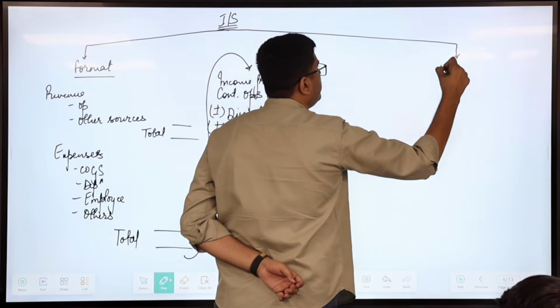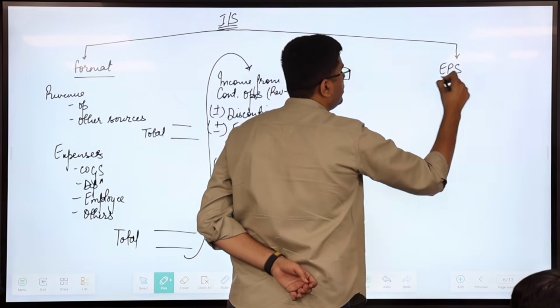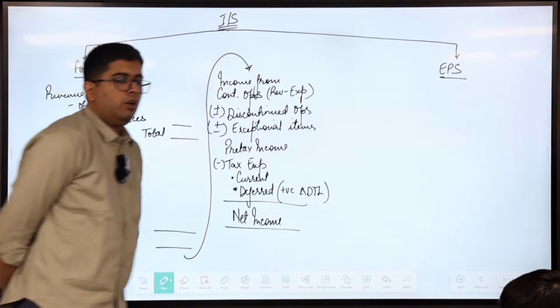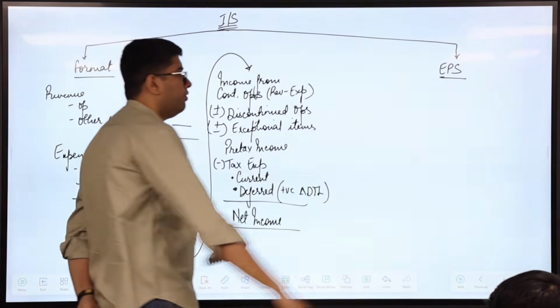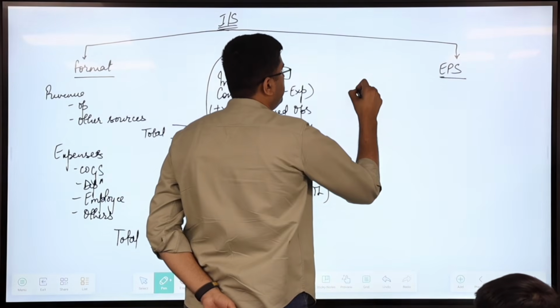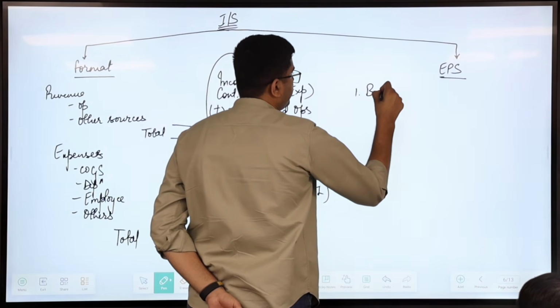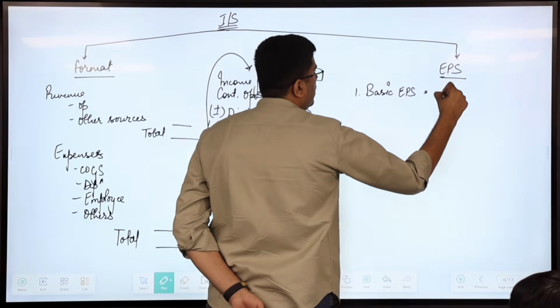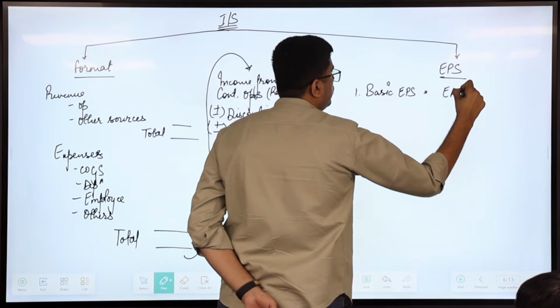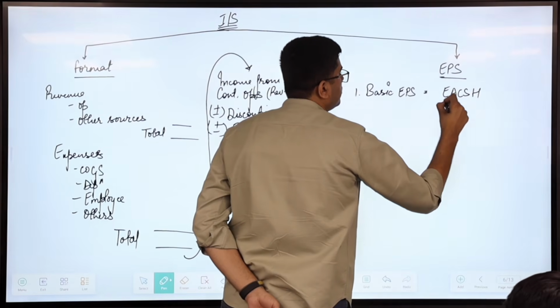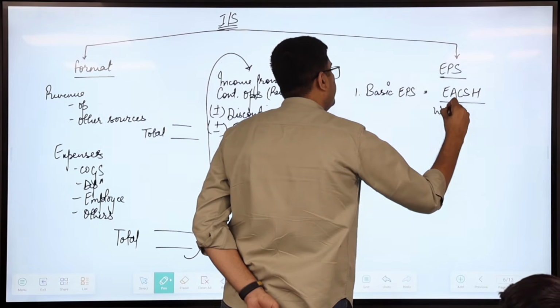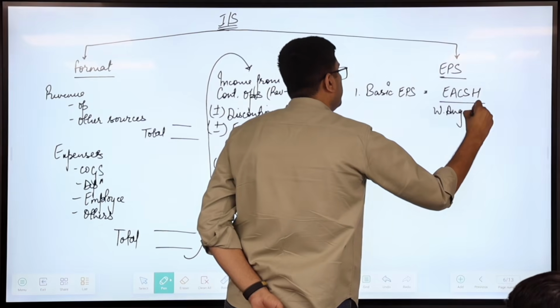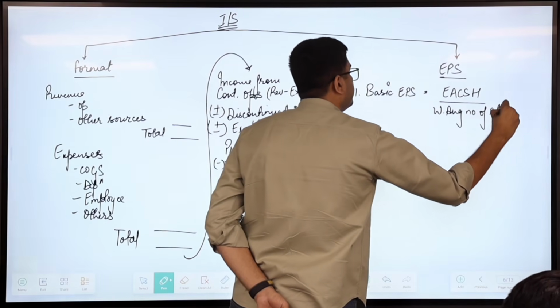The other half of the chapter is earnings per share. For EPS, we have firstly basic EPS. Earnings attributable to common shareholders upon weighted average number of shares.